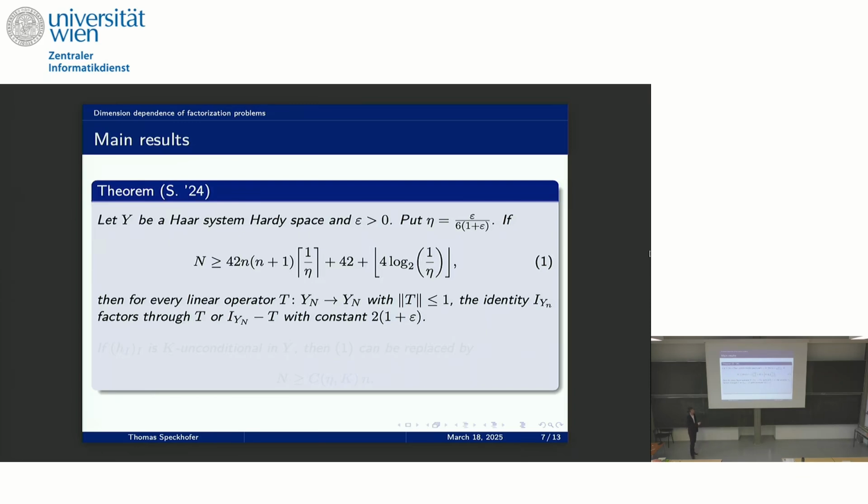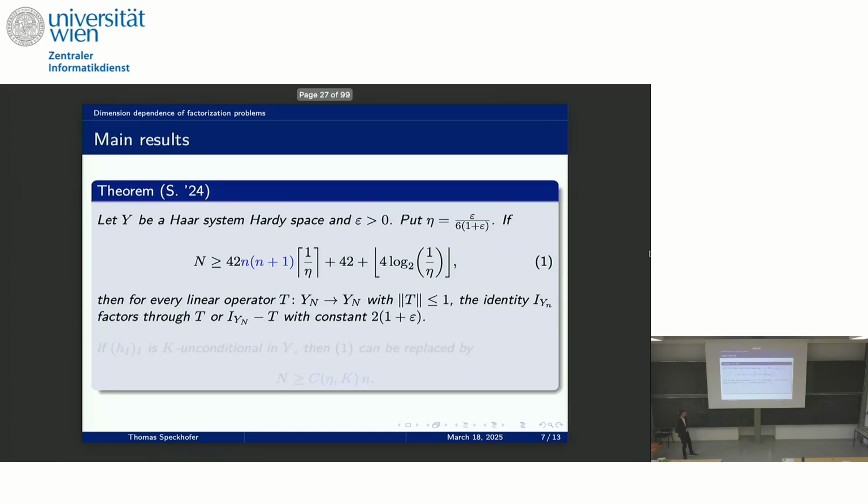And now I first state the version with two possible outcomes. For every linear operator T on the larger space with norm at most 1, the identity on the smaller space factors through T or identity minus T with some reasonable constant.